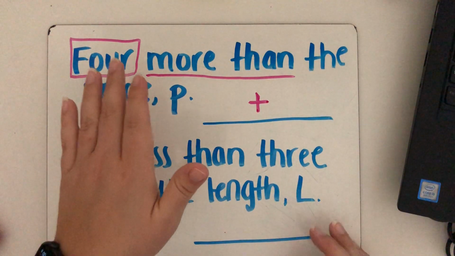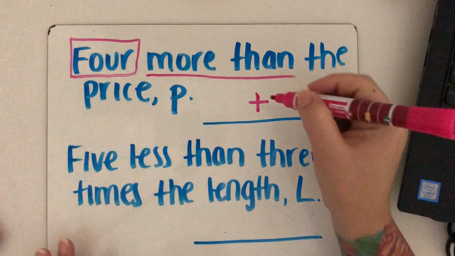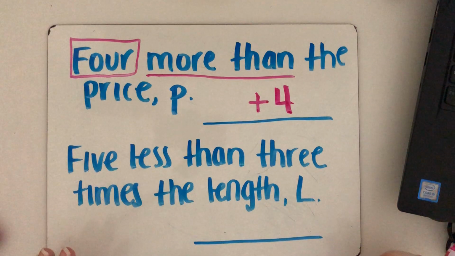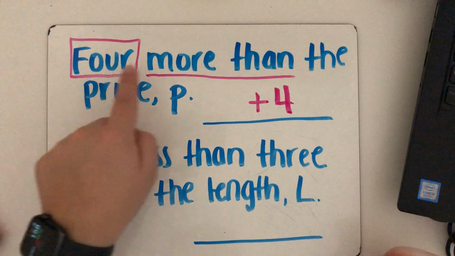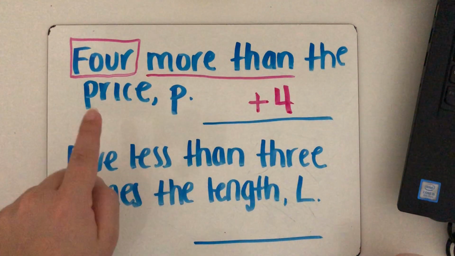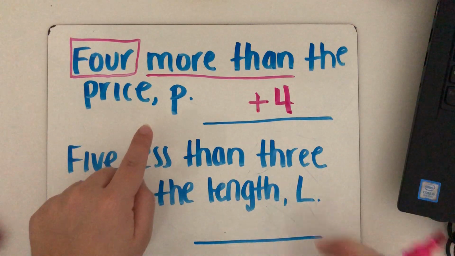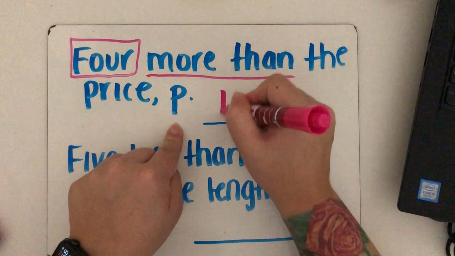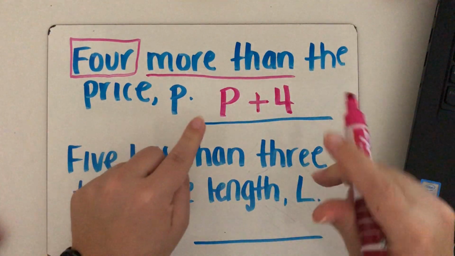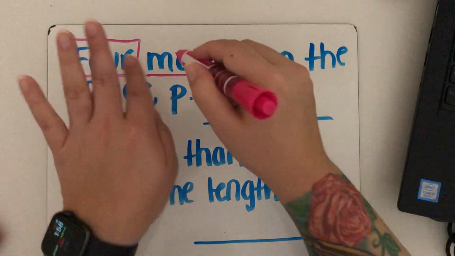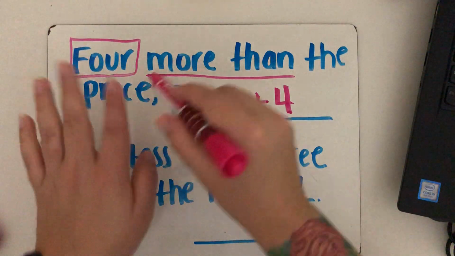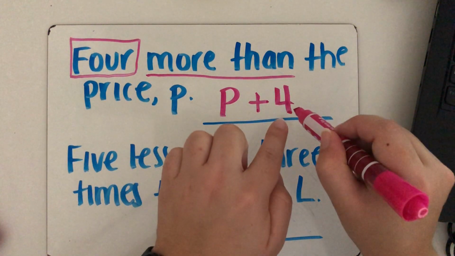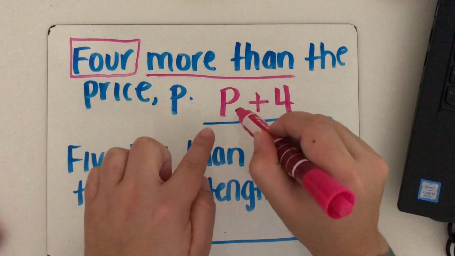I'm going to be adding a 4 to something, so I can put the 4 right after the plus sign. If I read it again, it says 4 more than the price P. So an equivalent expression for this phrase is going to be P plus 4. That is 4 more than the price P.